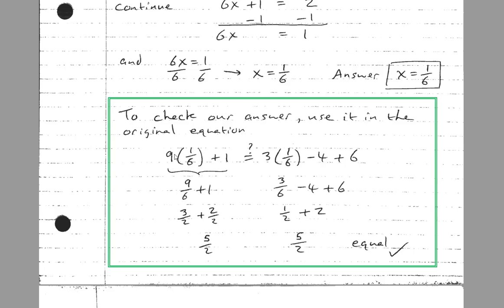So if we substitute and then work out each side, 9x, think of that as 9 over 1 times 1 over 6, so that's 9 over 6. We can cancel 3's, so that's the same as 3 over 2. 3 over 2 plus 1, we need a common denominator, so 3 over 2 plus 2 over 2, that's 5 over 2.